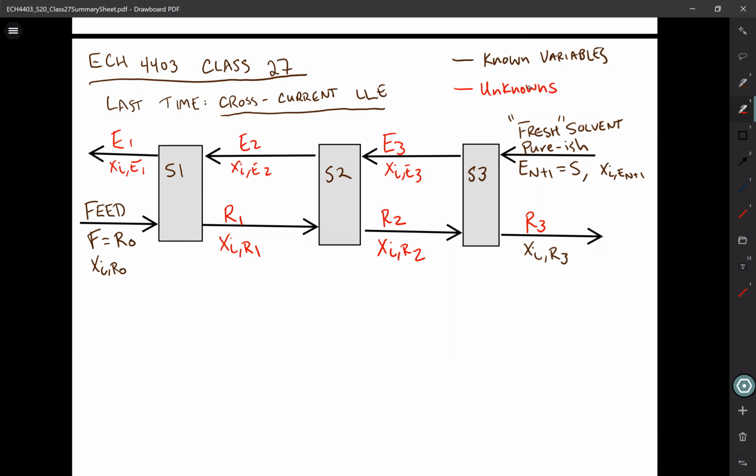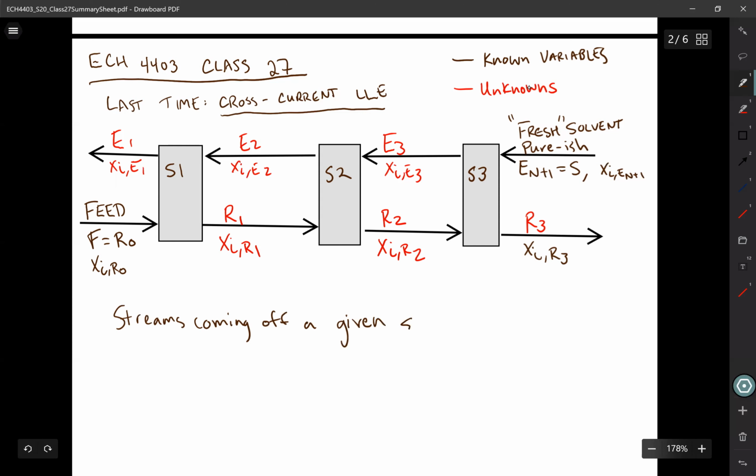All right, and importantly, the same relationships will hold. I can say that streams coming off a given stage are in equilibrium. And remember what that means is that their compositions are connected with a tie line.